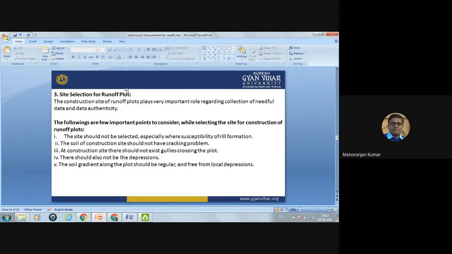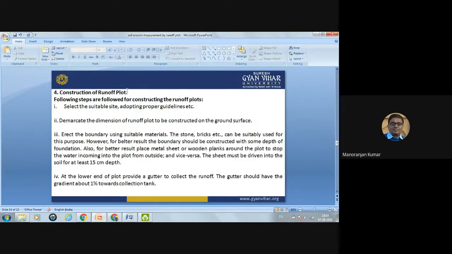What are the different points which we should consider during the selection of the site for construction of runoff plot? We can't construct the runoff plot everywhere. There are specific sites. Now these are the steps to construct the runoff plot.